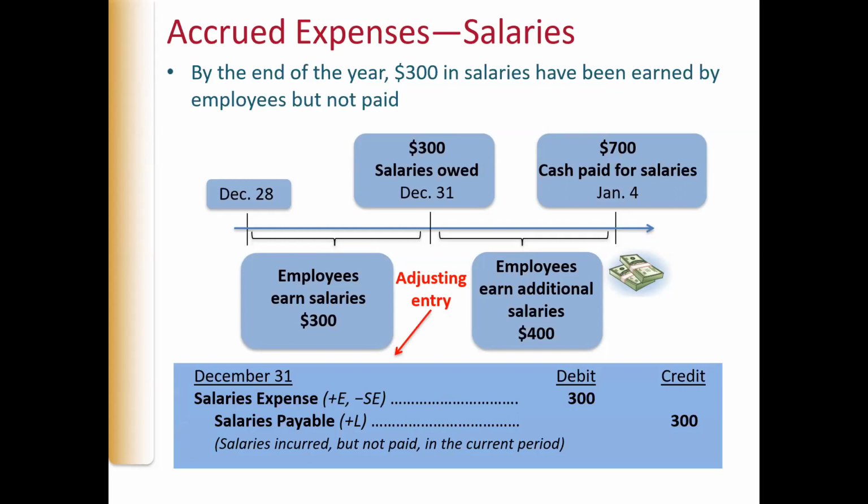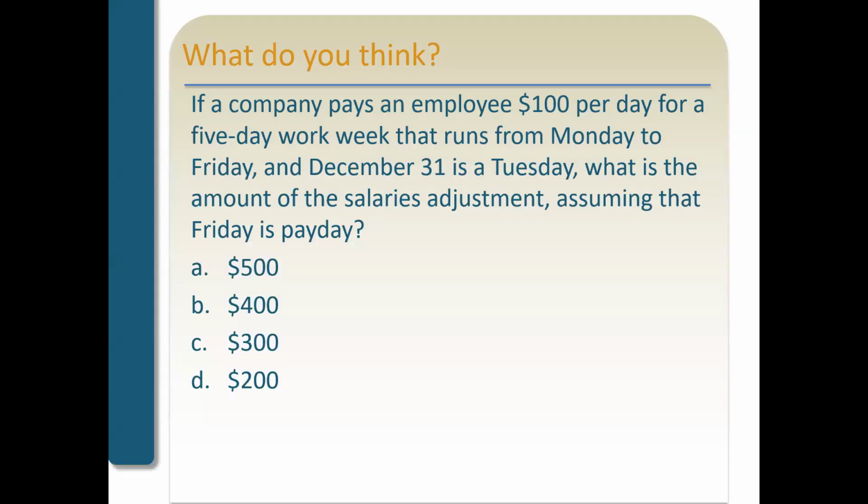Now we know when they get paid on January 4th, then we've satisfied it. But since it goes into another period, we need to appropriately show that expense was incurred in this current period, December, even though it's not going to get paid until January.